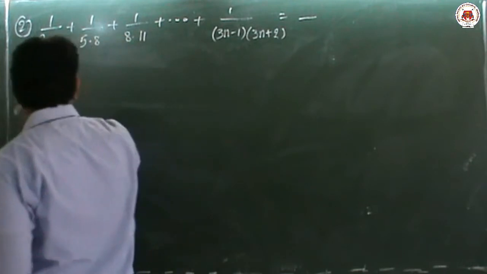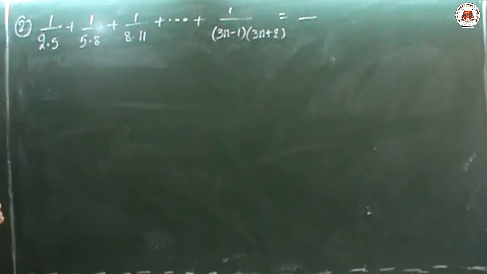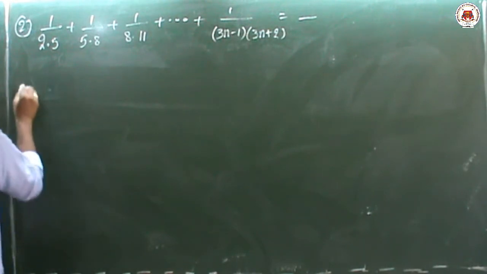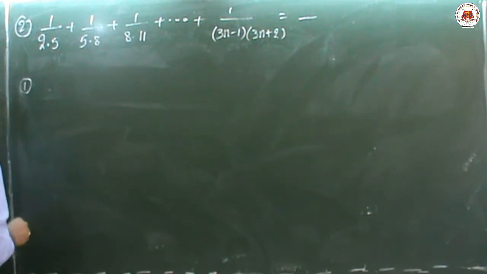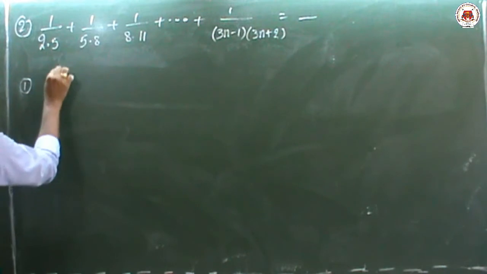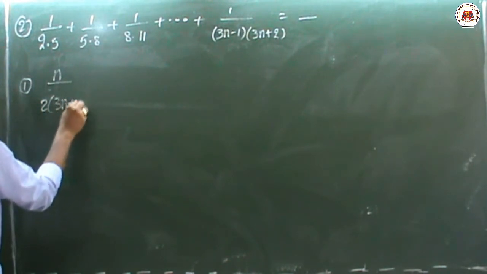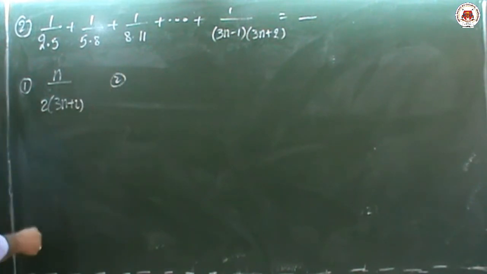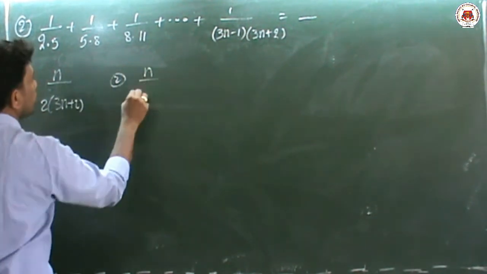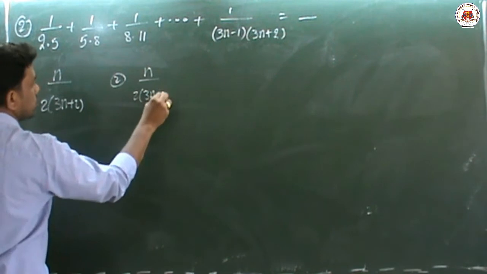So I said in mathematical induction, it is a very easy method. You put n equal to 1 in the options. That's it. So here what are the options? The first option is given n by 2 into 3n plus 2. And the second option is n by 2 into 3n minus 2.